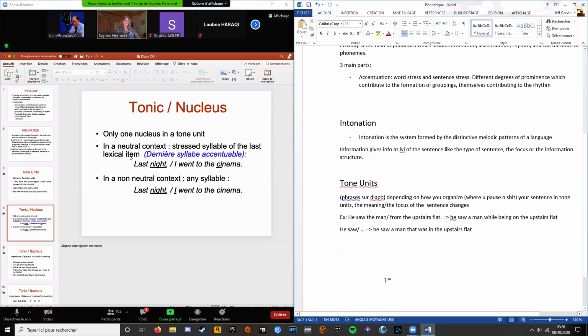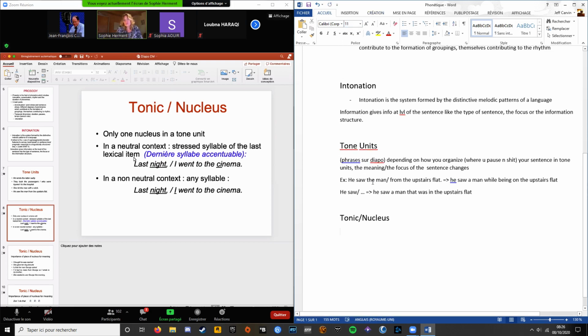Okay. So tonic nucleus. The tonic is the main accent in the sentence. And in fact, you already started studying sentence stress. It's very easy in a neutral context. If you take all the sentence stresses, the nucleus is the last stress, the last sentence stress.